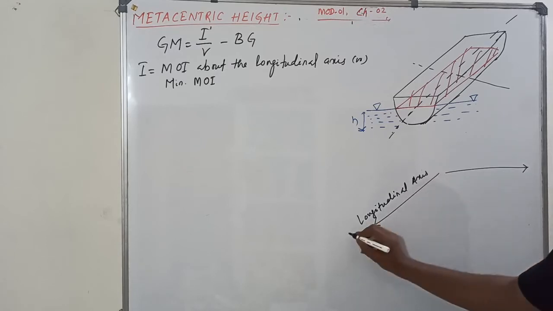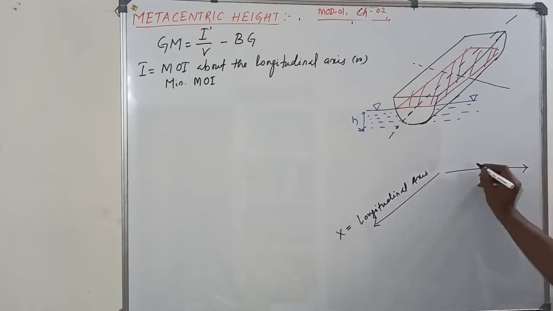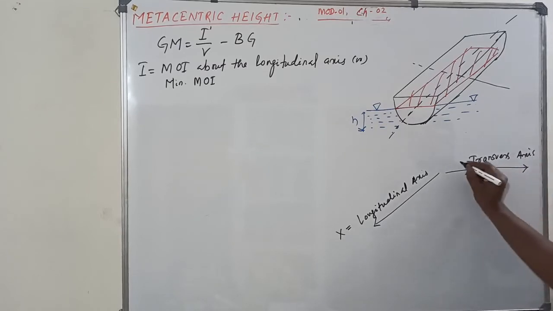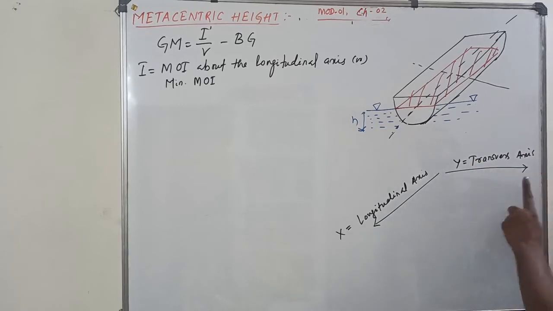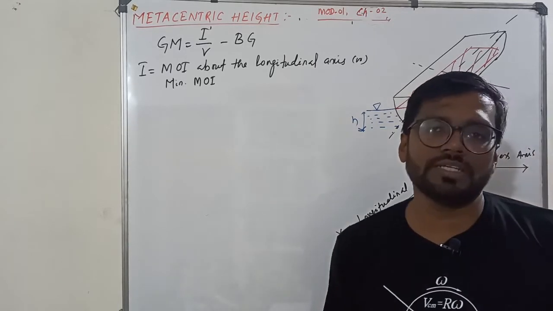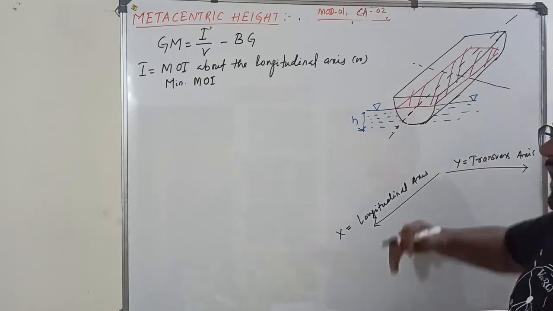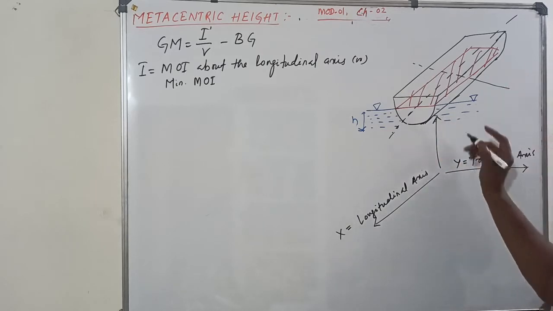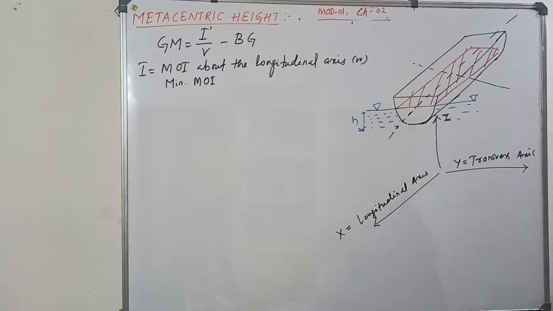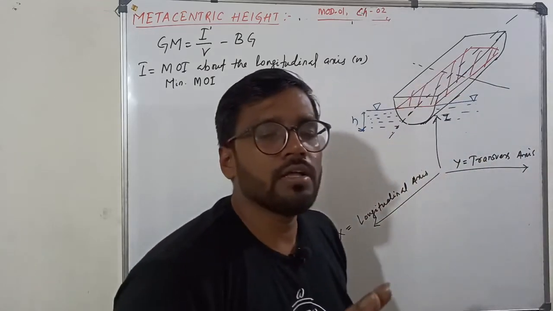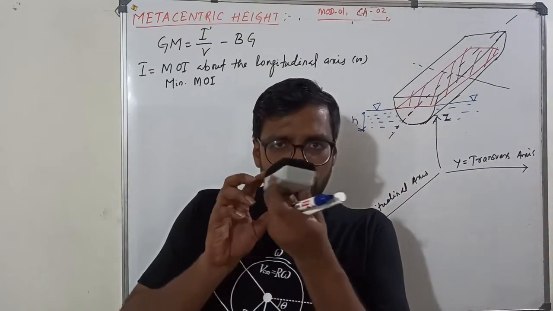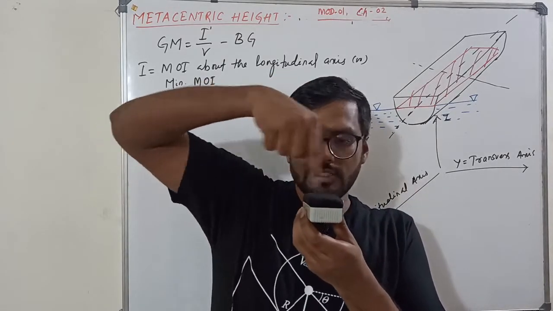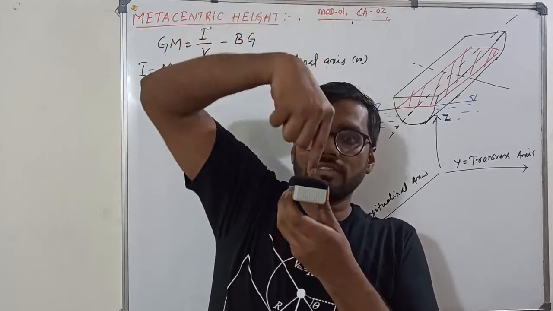Let us say I am giving the longitudinal axis as the x-axis, and the transverse axis as the y-axis. You can write x or y, whatever you like. Only remember, this is the longitudinal axis, this is the transverse axis, and the axis perpendicular to both is the z-axis. In case of a ship, this is the longitudinal axis, this is the transverse axis, and this is the z-axis.